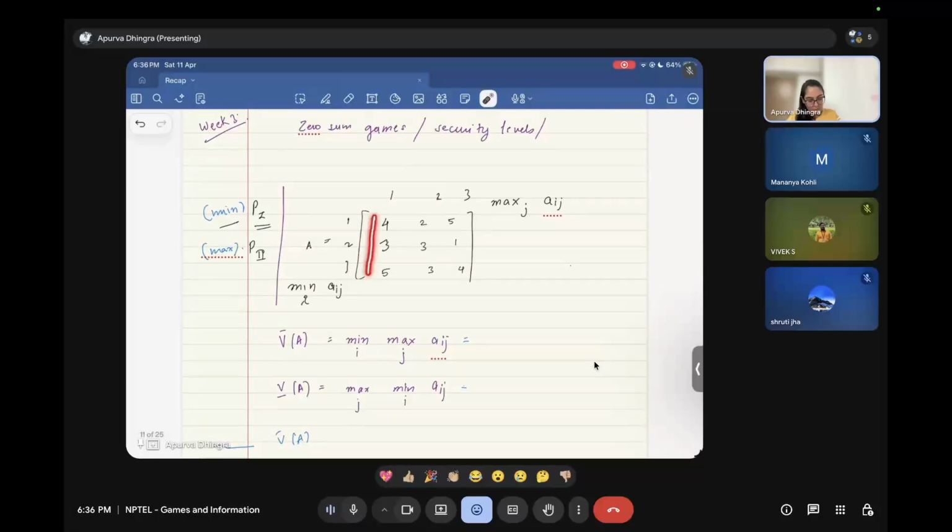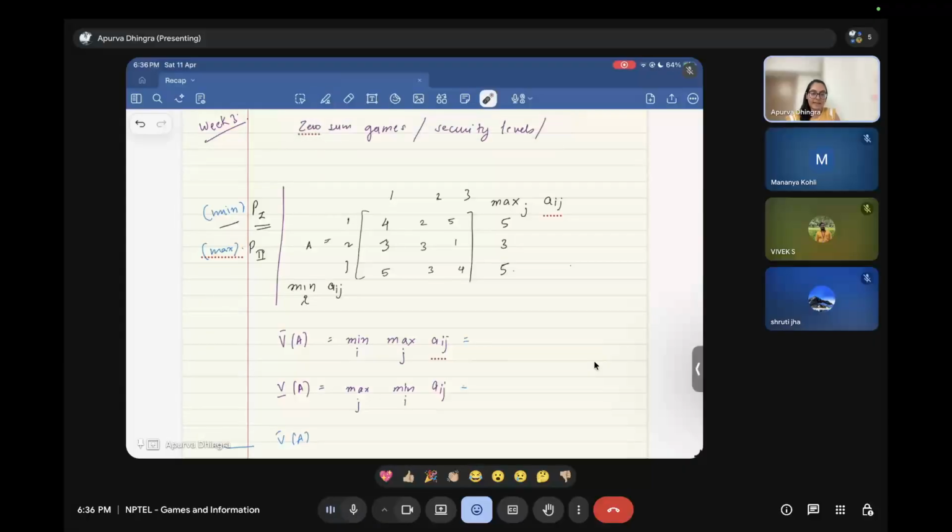The row player wants to find the worst possible payoff he could get. He knows that he will do his best, but he has no control on what the other person will do. So he looks at the max expected utility he could get if the other player is maximizing. That means fixing a row and taking the maximum from its values. Here it's 5, here it's 3, and for the last one again it's 5.